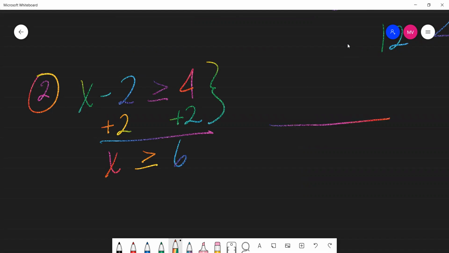So if we graph that on a number line, put 6 in the middle, 7, 8, 9, 5, 4. Where do we start our graph, Eden? At 6. Is it an open or closed circle?